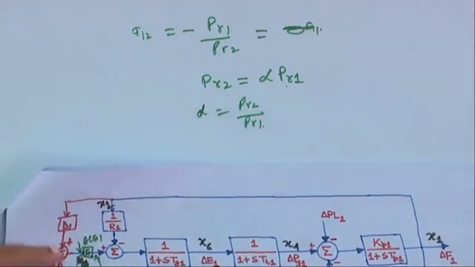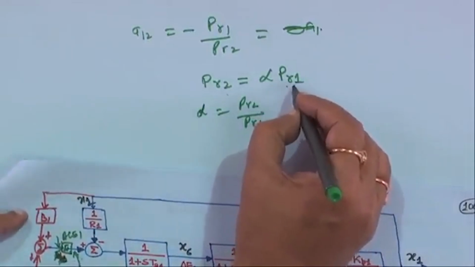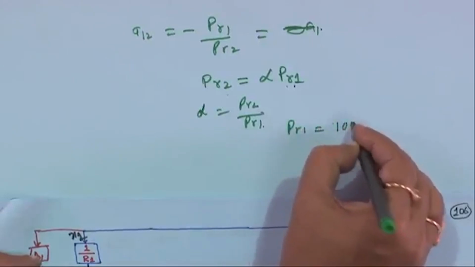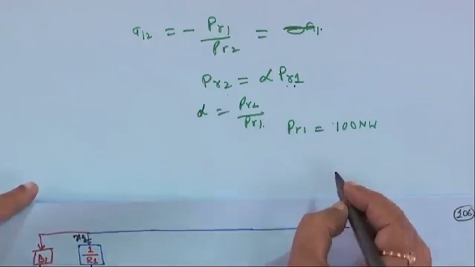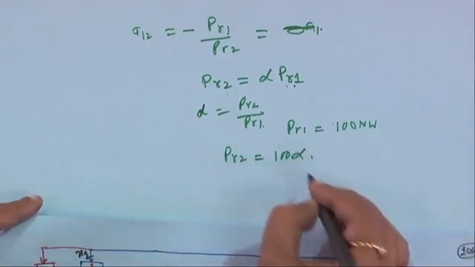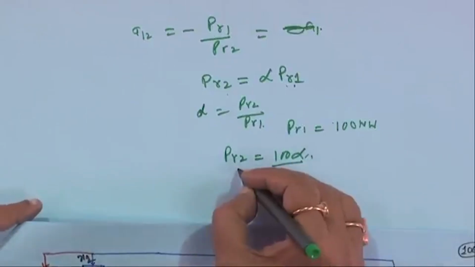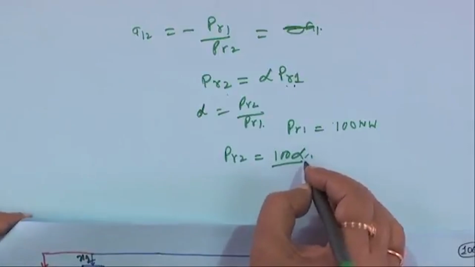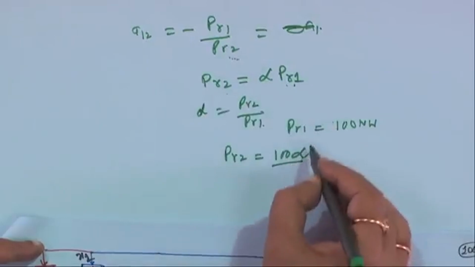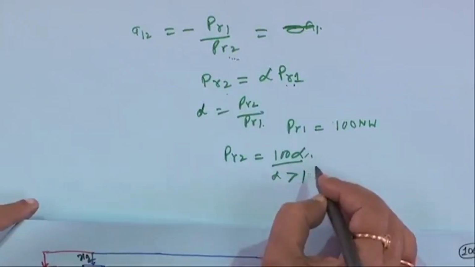For example, if PR1 is 100 megawatt, then PR2 will be 100 into alpha. Now if you go on increasing the area capacity, what will happen? This A12 value will decrease, because alpha is greater than 1.